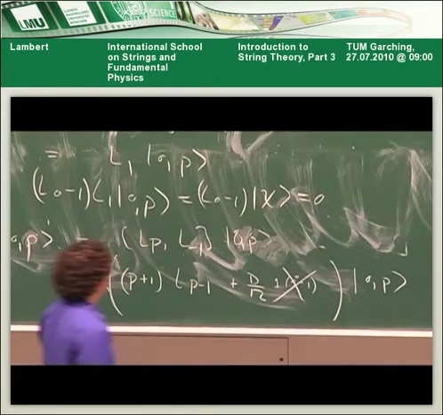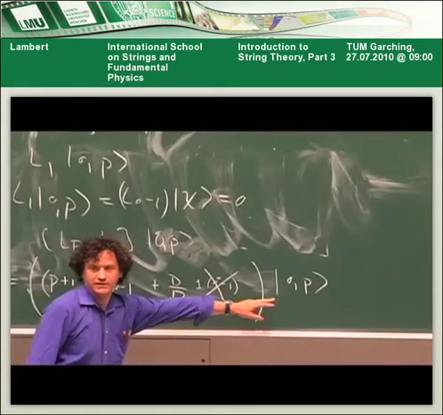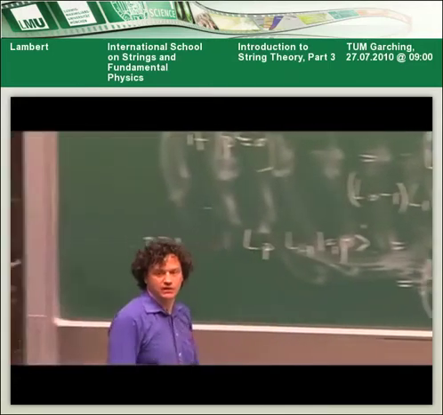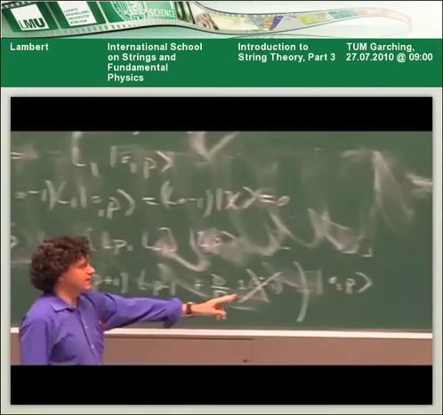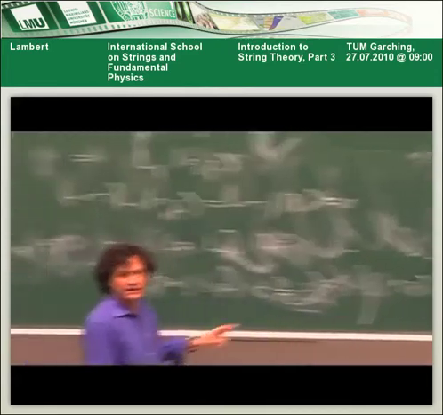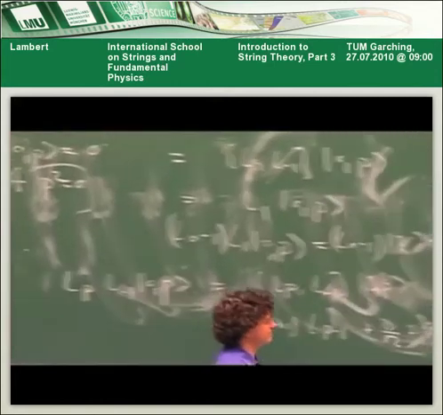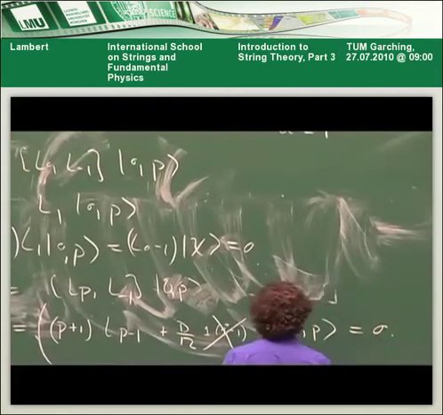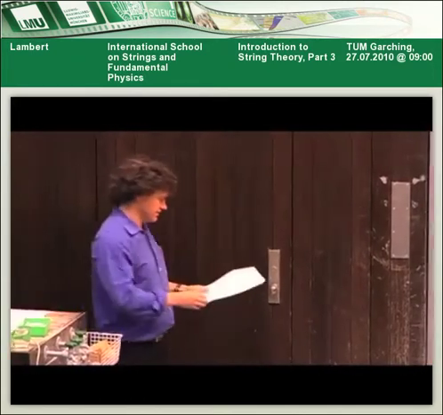Okay, well, so for p greater than 1, this clearly annihilates that and we're done. You just have to check p equals 1. But at p equals 1, this is L0 acting on the state. And again, I've chosen p squared to be 0, so that's 0. So this is always 0. Okay, so there you go. That's a null state. And there are plenty of null states in the theory.